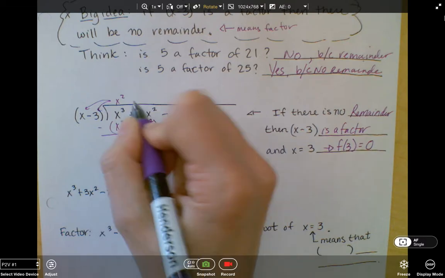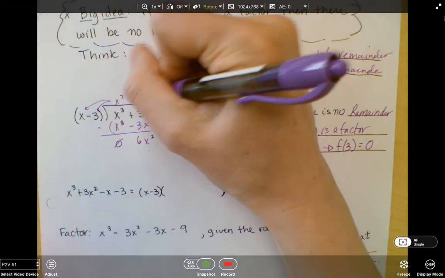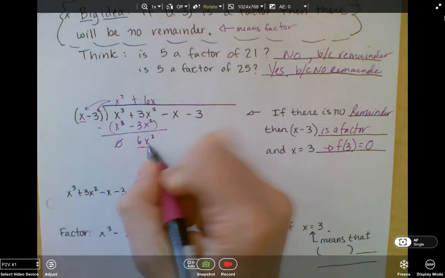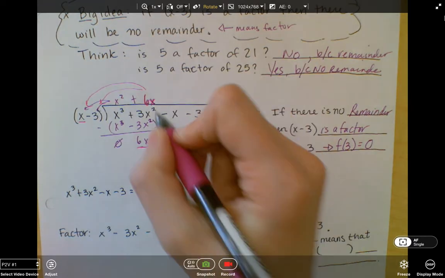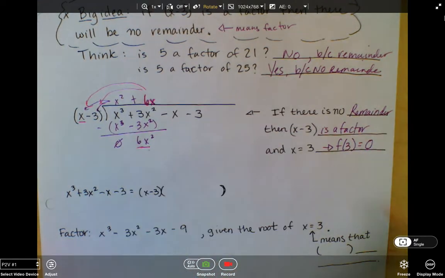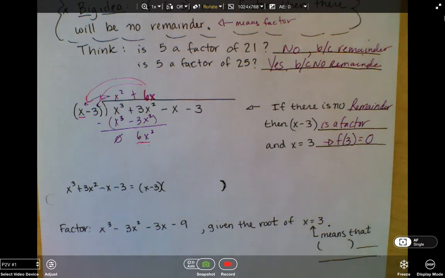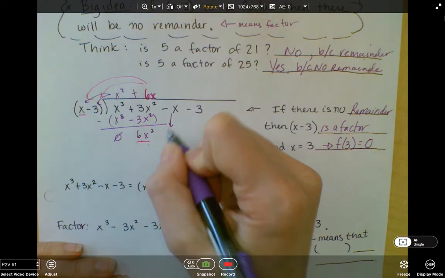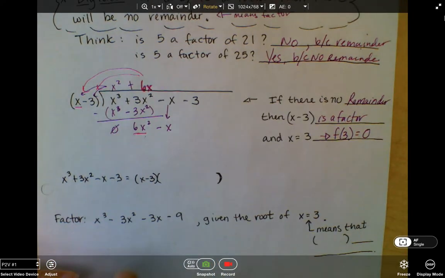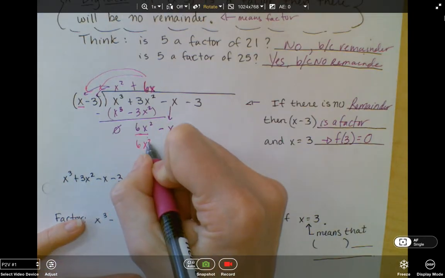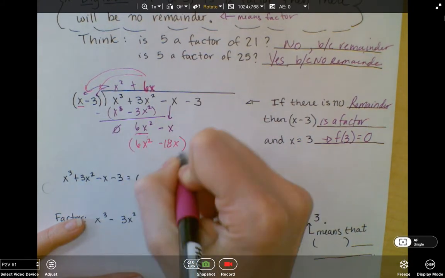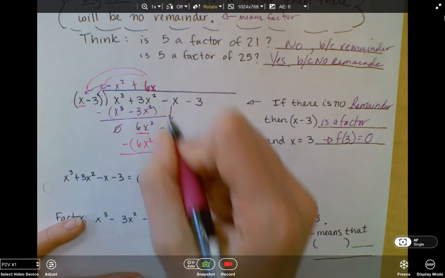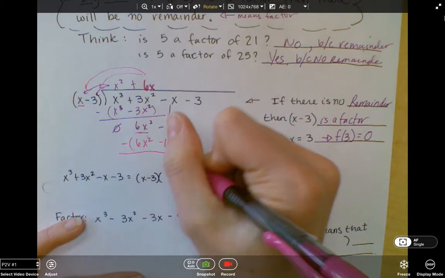So that's going to be 6x. x goes into 6x squared, 6x times, multiply through, 6x times x is 6x squared. Don't forget to drop your term. So 6x squared, 6x times negative 3 is negative 18x, minus, that gives us 17x. Bring down our number, negative 3.